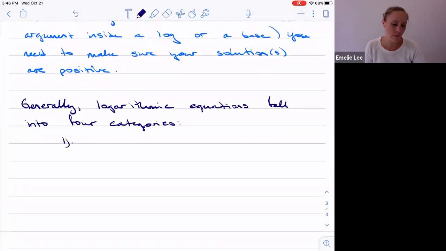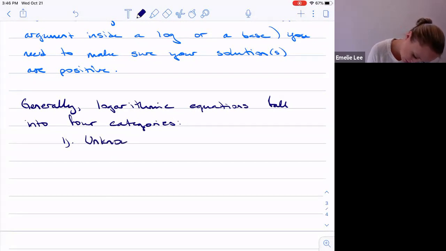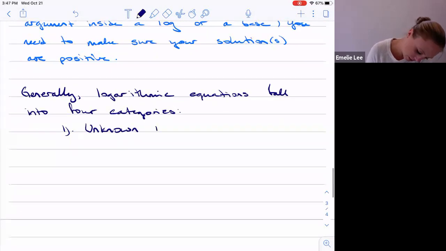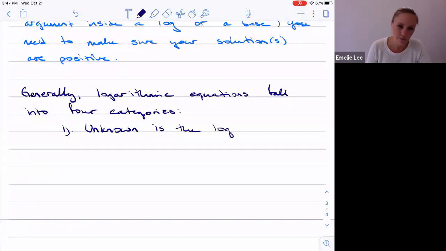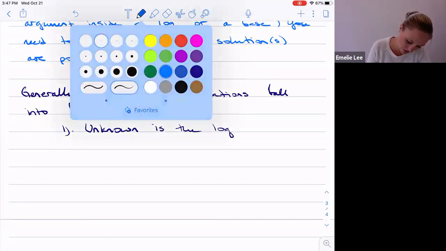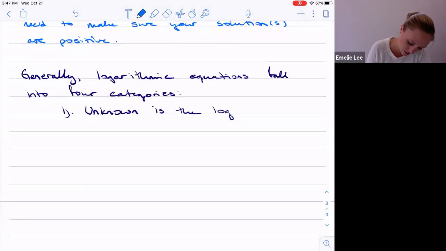The first one is where the unknown is the log. Okay. So the one that we're going to do there, I'll just put it down here so you have some sort of reference.